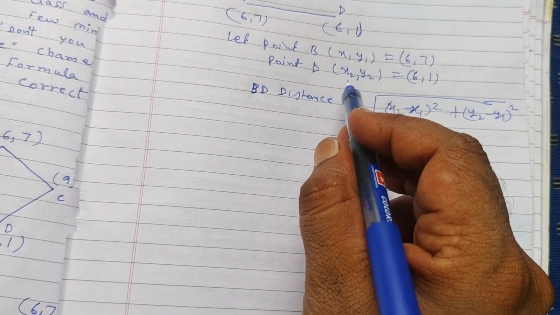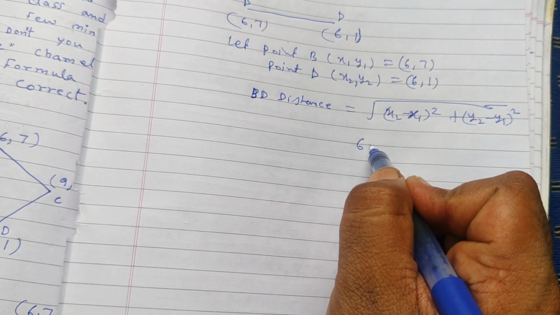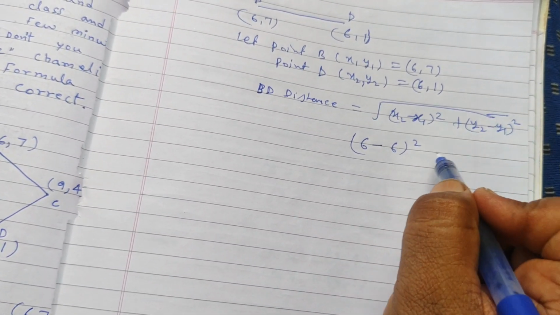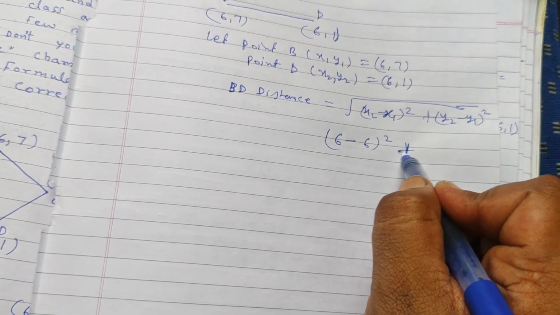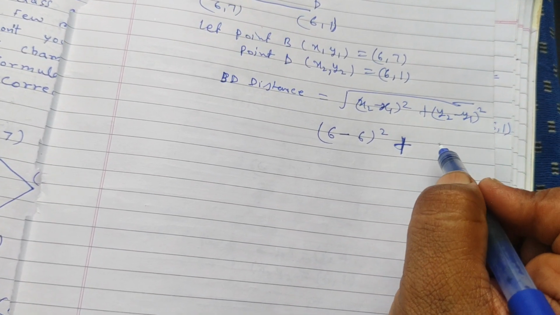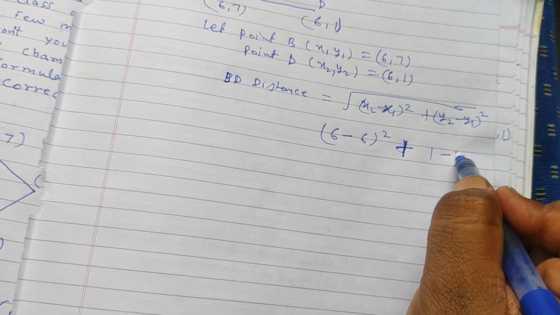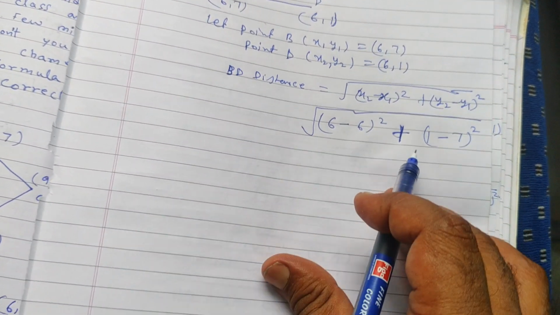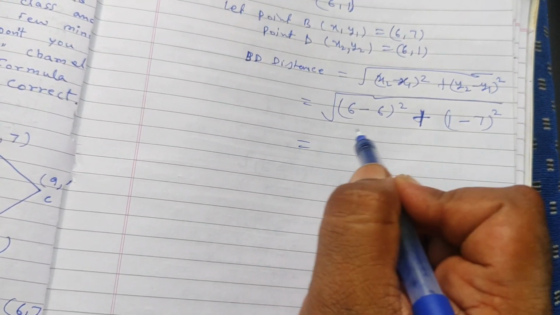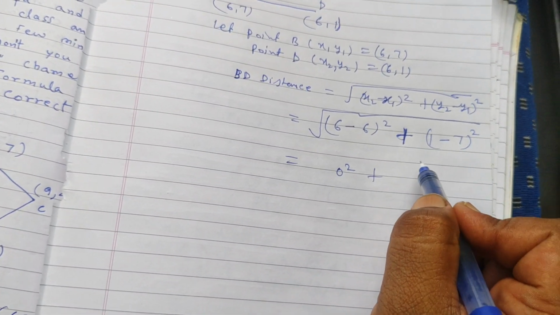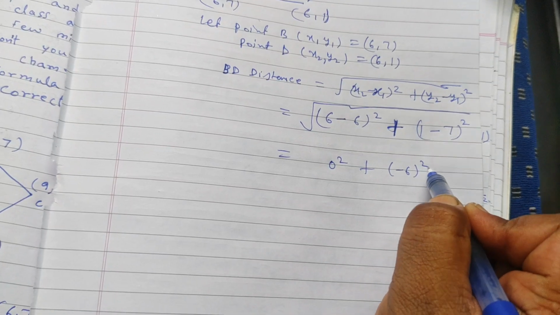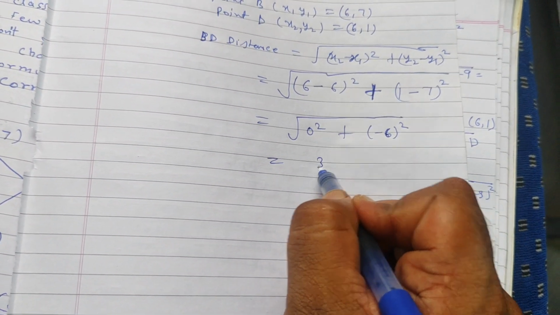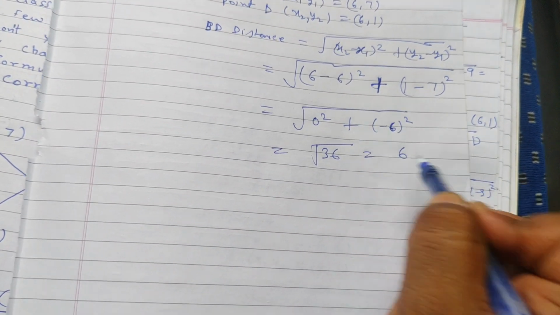So x2 is 6 minus x1 6, y2 is 1 minus y1 which is 7. So 6 minus 6 is 0, minus 6, we get 36 which comes to 6.